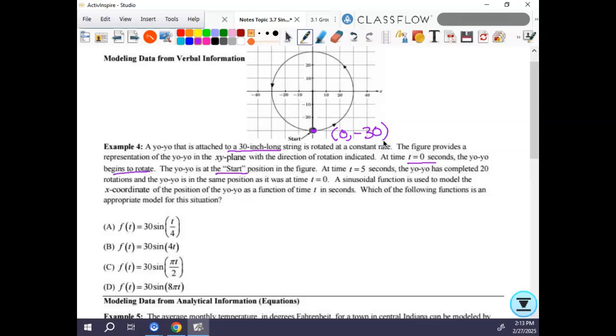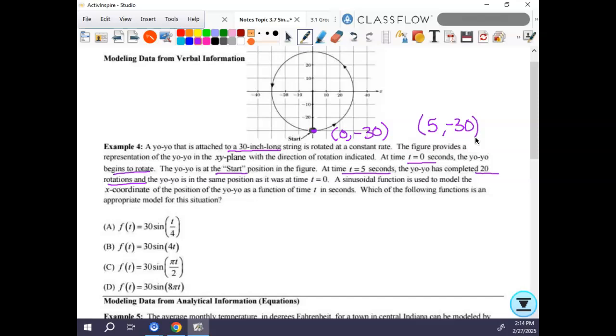Right? Then it says at time t equals 5 seconds, the yo-yo has completed 20 rotations and is in the same position. So that means at 5 seconds, I'm still at negative 30. Okay? A sinusoidal function is used to model this.